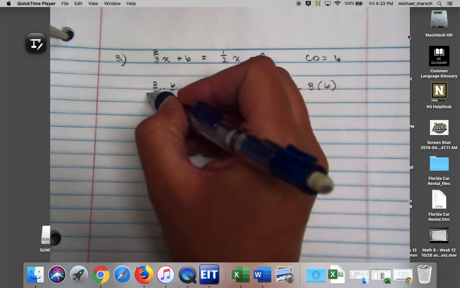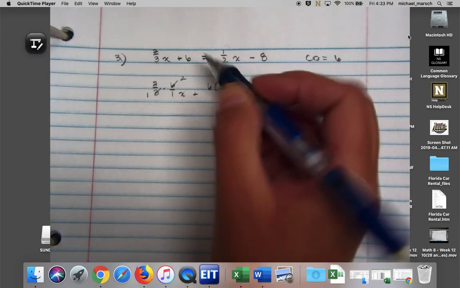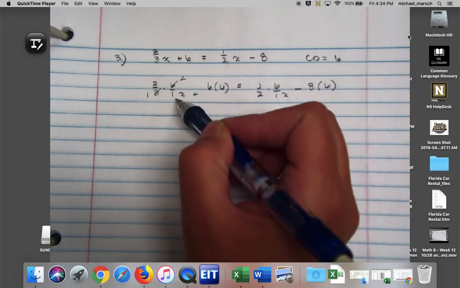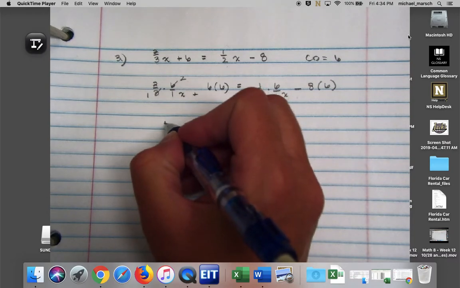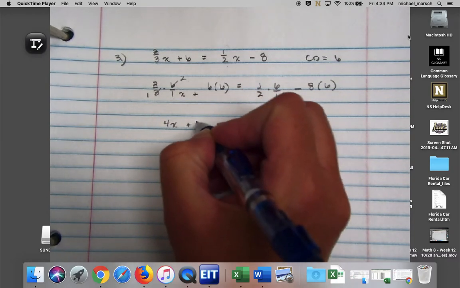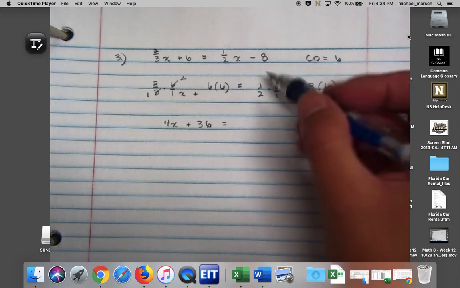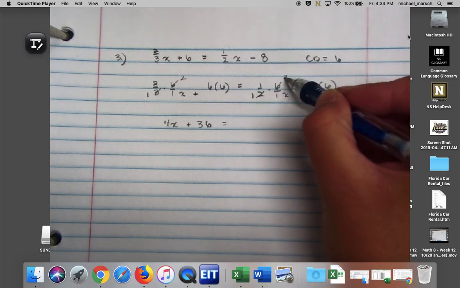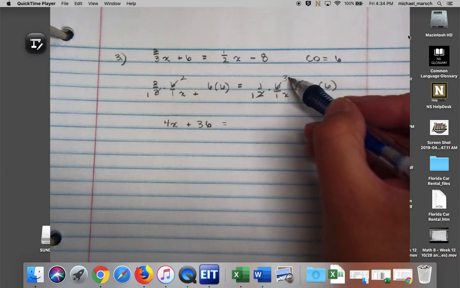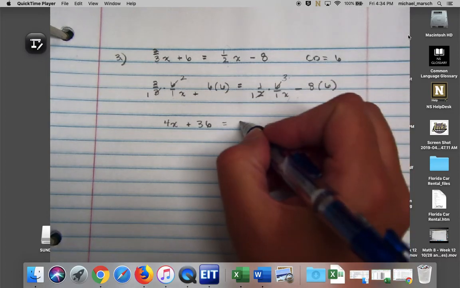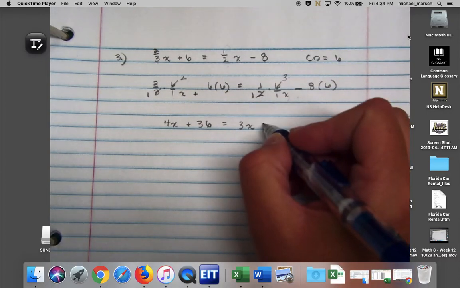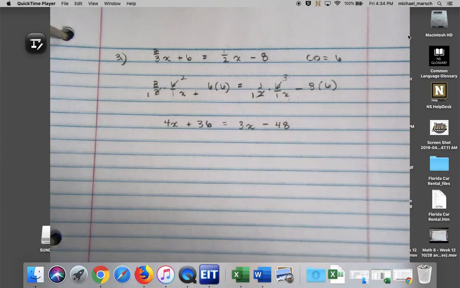So 3 goes into 3 one time, 3 goes into 6 two. 2 times 2 is 4, divided by 1 gives me the 4x plus the 36, because 6 times 6 is 36, equals, and here I can cross-simplify again. 1 times 3 is 3, divided by 1 is 3, so I get 3x minus 48.